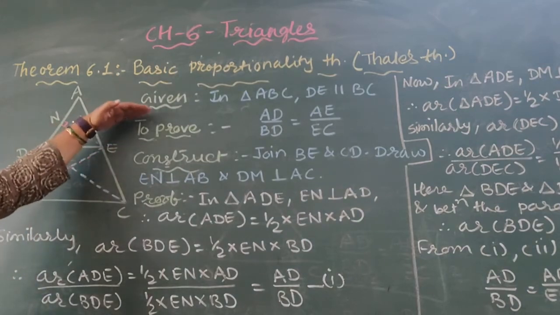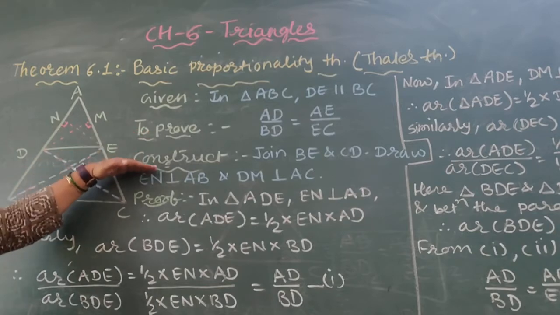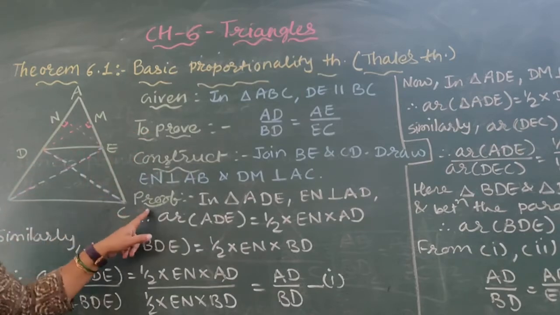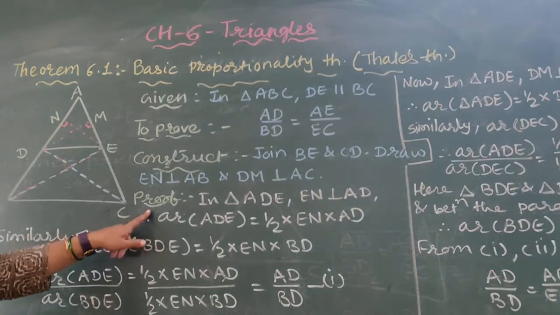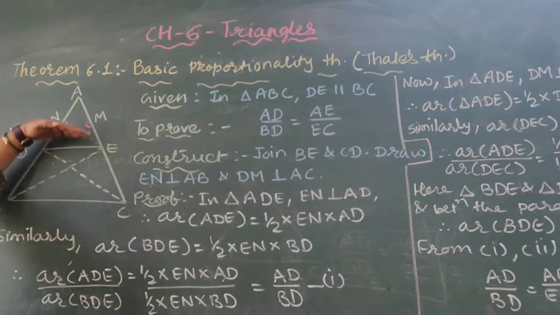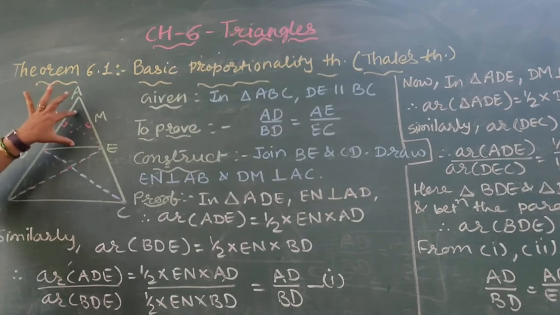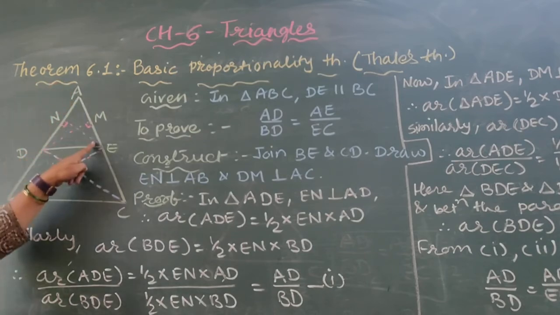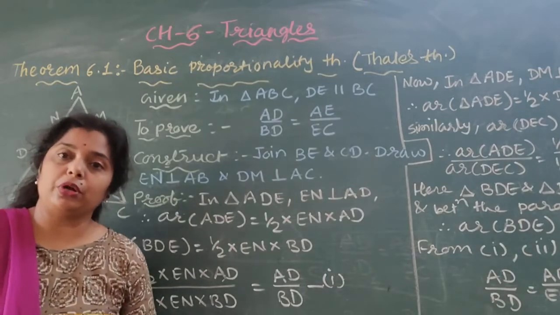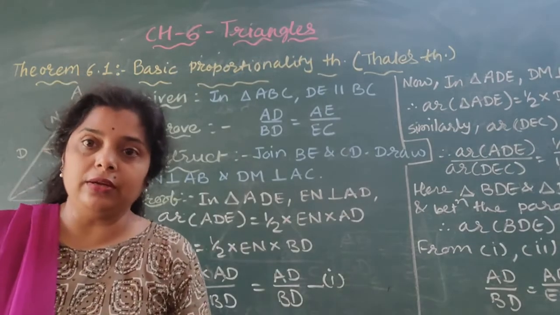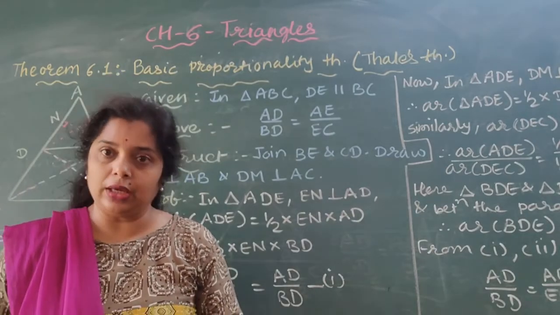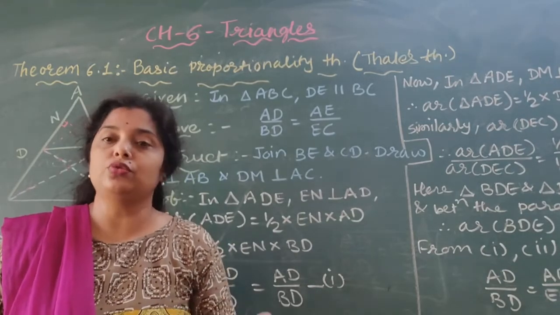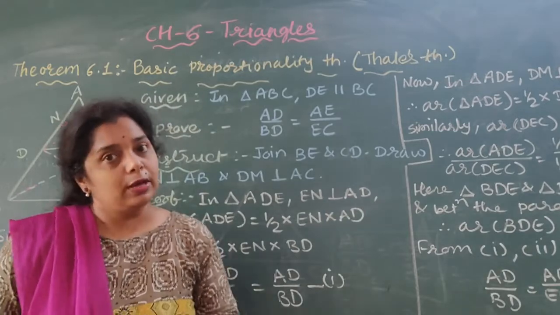After the given, to prove, and the construction, we start the actual proof. We take the upper triangle, that is ADE, to find its area. What is the simple formula to find the area of a triangle? It is half into altitude into base, or we can say half into height into base.